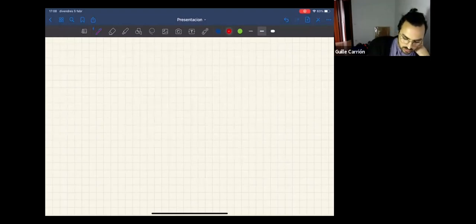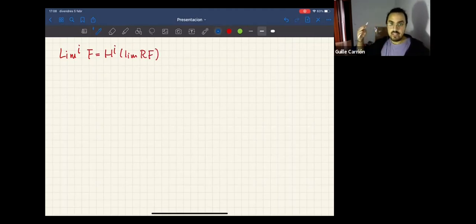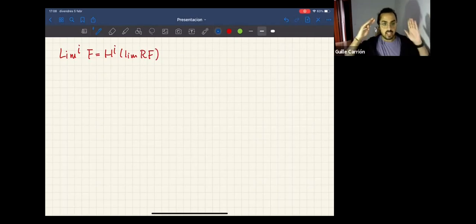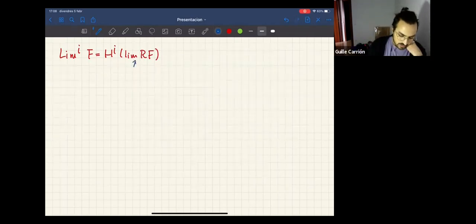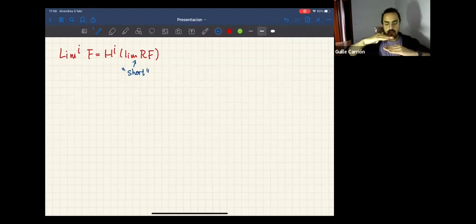I want to say two things now. First, remember that this lim is computed like this, and as the limit on chain complexes is computed degree-wise, if we can make this short, in some sense it is a chain complex.